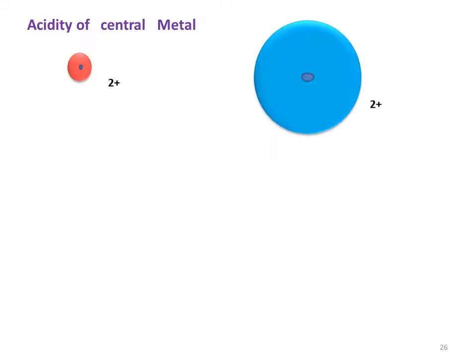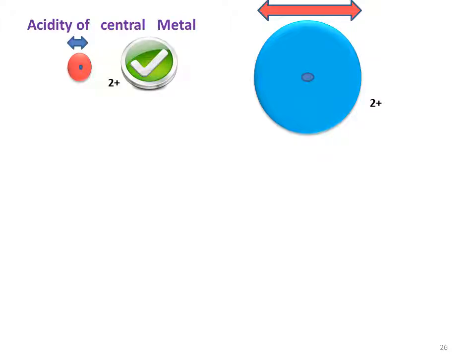Question: what do you think about the acidity of these two central metal ions having the same charge, but they differ in the size? Of course, the smaller the radius, the higher the density of the positive charge, eventually forming a more stable complex.